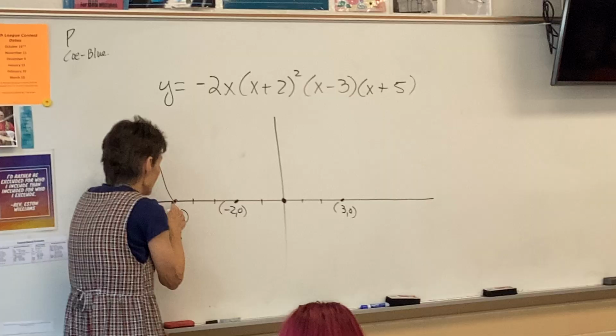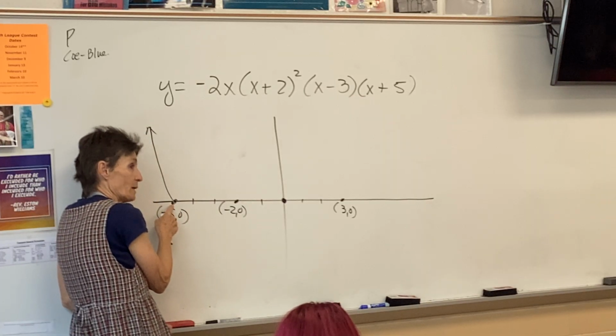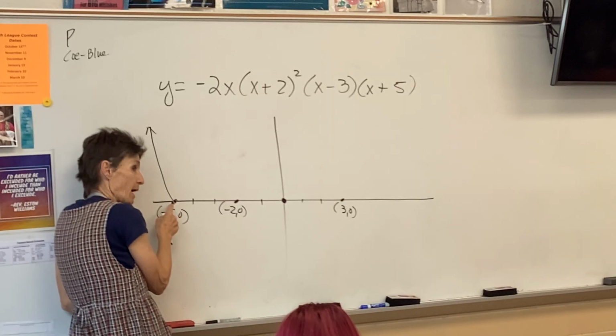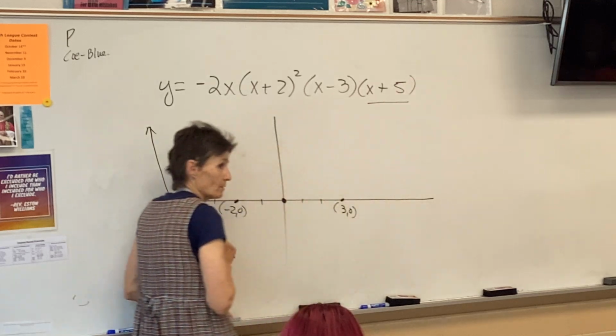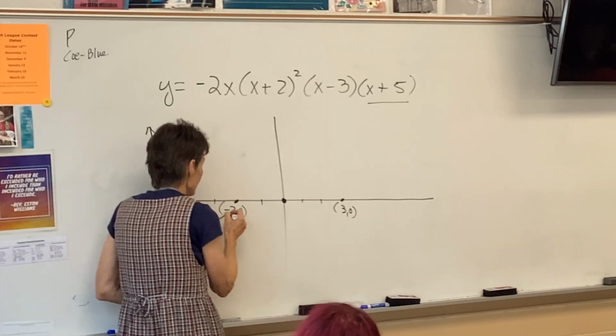Now, what happens at this dot? Bounce, go through, squiggle, what does it do? It goes through, because that dot came from this factor, and there's no square on that. So this is gonna go through and connect to this one.